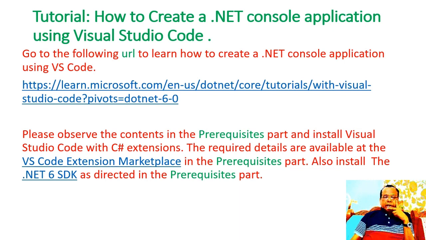This is a tutorial: how to create a .NET console application using Visual Studio Code. This tutorial is available at the following URL. Go to the following URL to learn how to create a .NET console application using VS Code or Visual Studio Code.